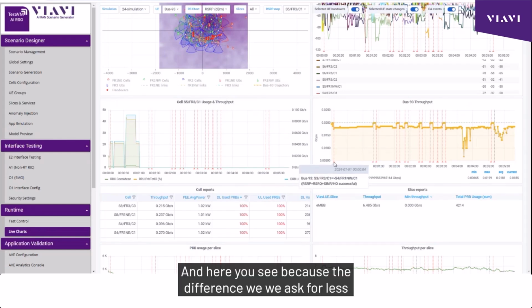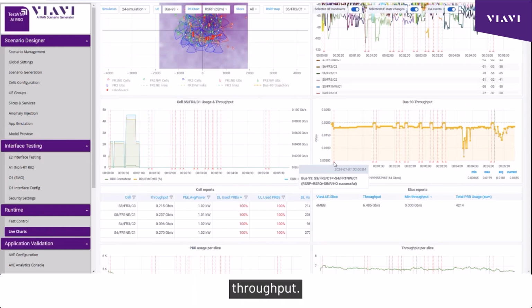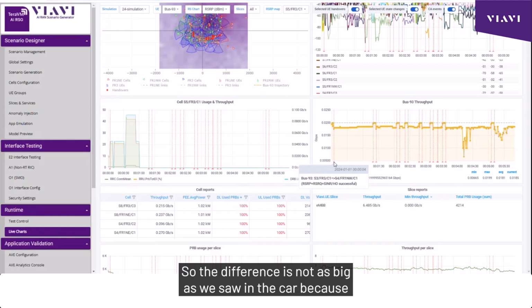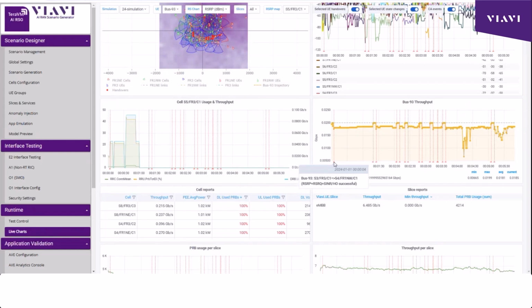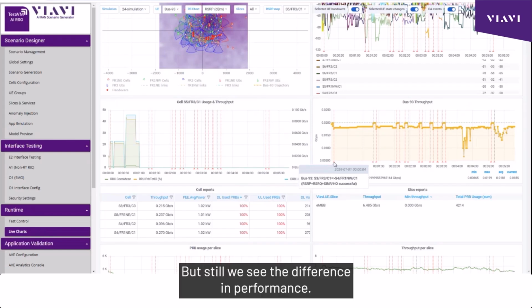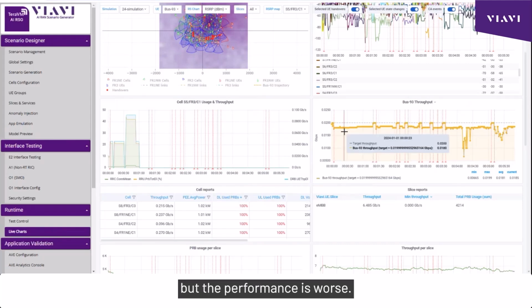And here you see, because we ask for less throughput, the difference is not as big as we saw in the car, because cars demand much higher throughput. But still we see the difference in performance. Once we jump to FR1, even though the signal is stronger, the performance is worse.